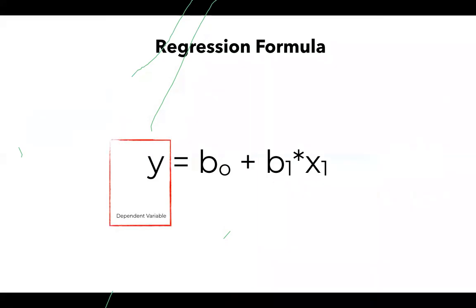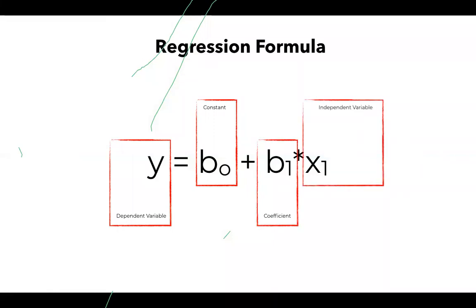For example, this is your dependent variable, this is a constant, this is the coefficient, and this is your independent variable. So this is the mathematical formula. The regression formula has both the dependent and independent variable in a mathematical equation, plus a constant, intercept, and a coefficient.